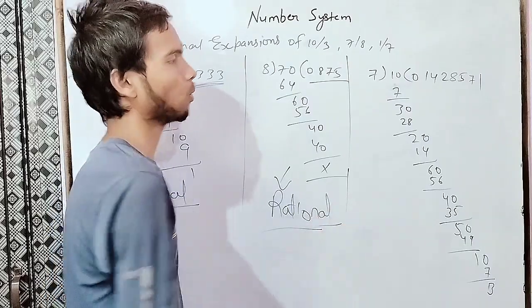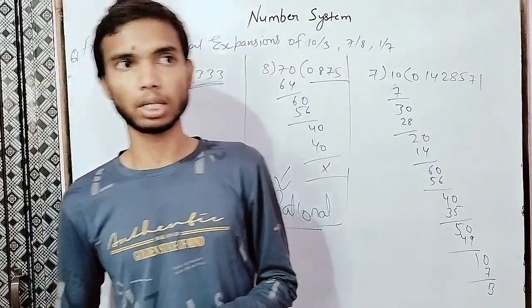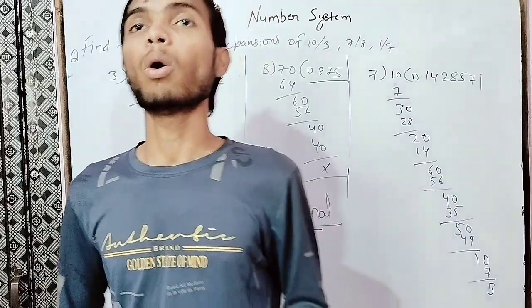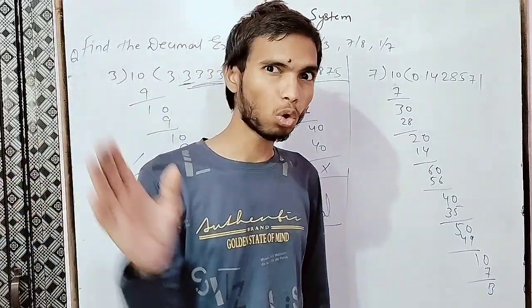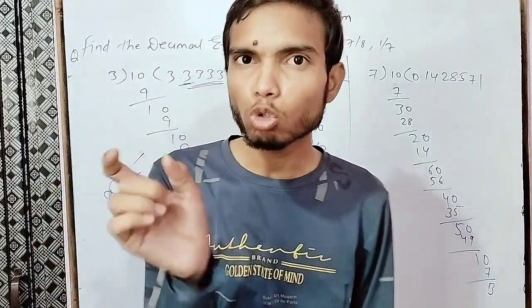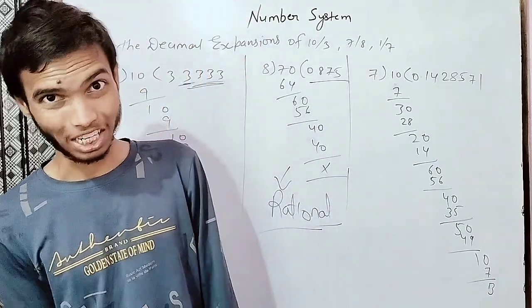Irrational. Now any number will be considered an irrational number when there is no end, but there should not be a repeating number after the decimal.